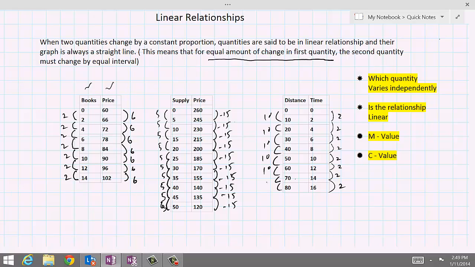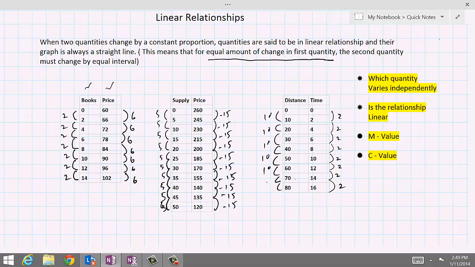So all the 3 different data sets are representing a straight line. And the relationship between the quantities in each data set is a linear relationship. And that linear relationship is going to represent a straight line.